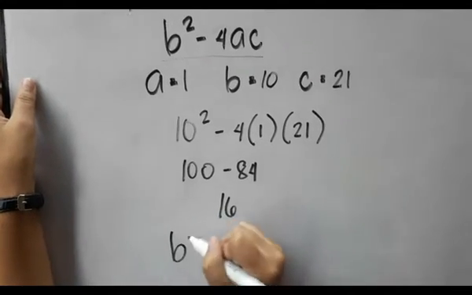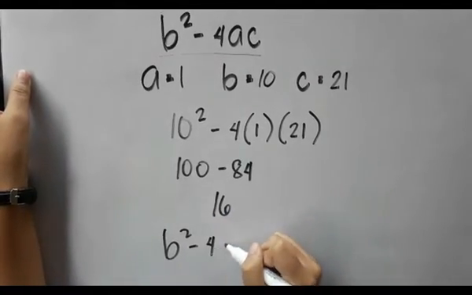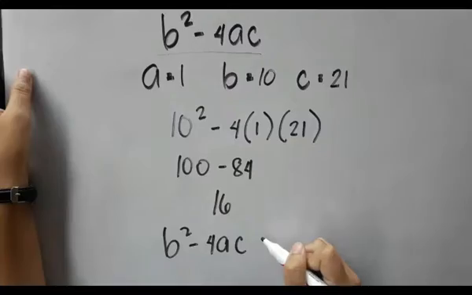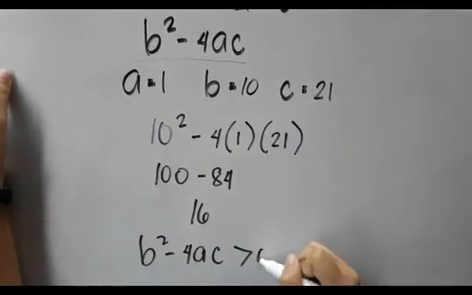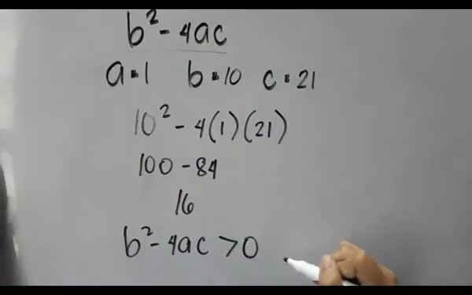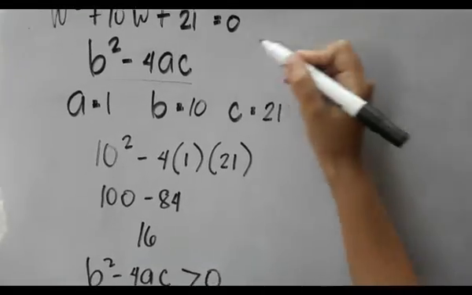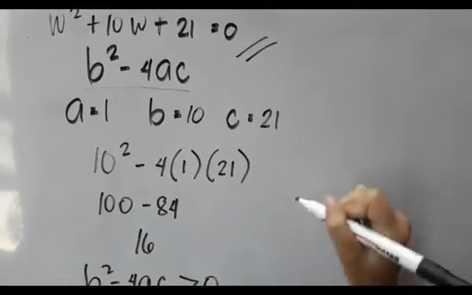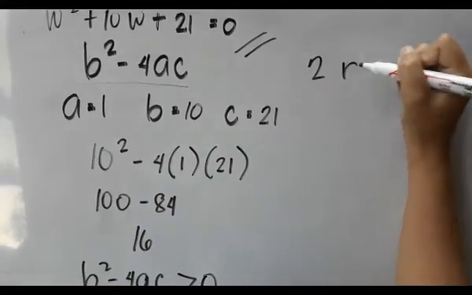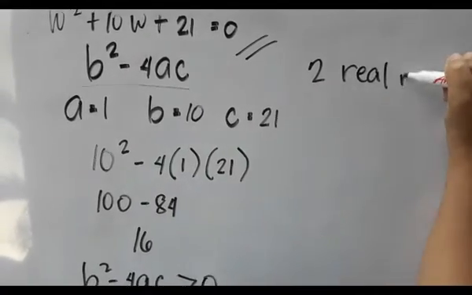Now we have b squared minus 4ac is greater than 0. Thus, we can conclude that this equation has two real roots.